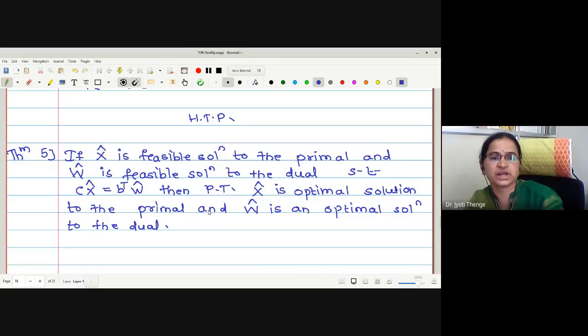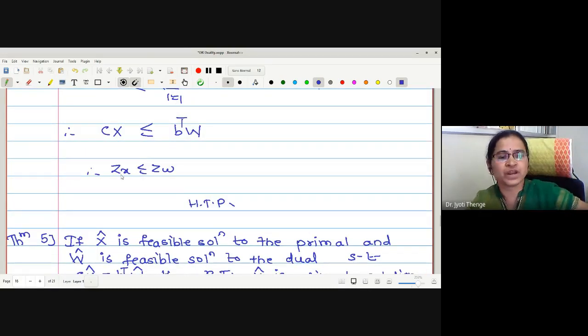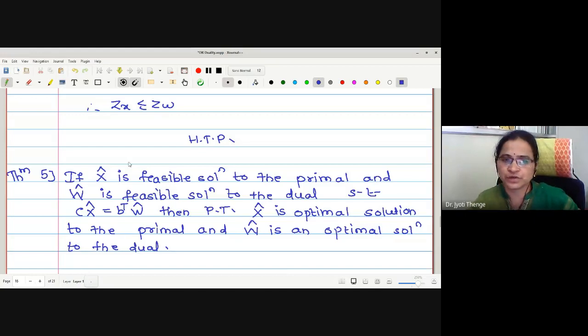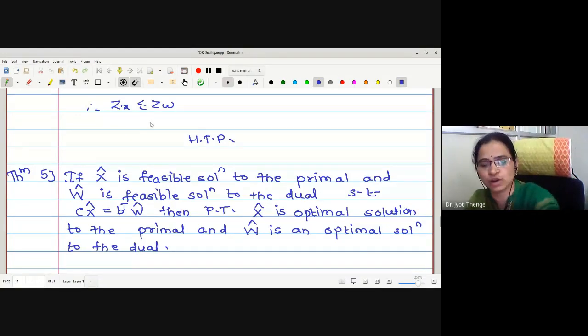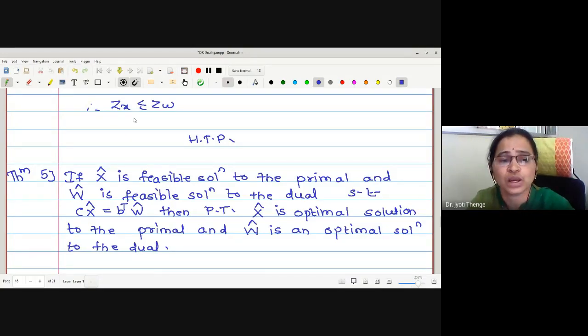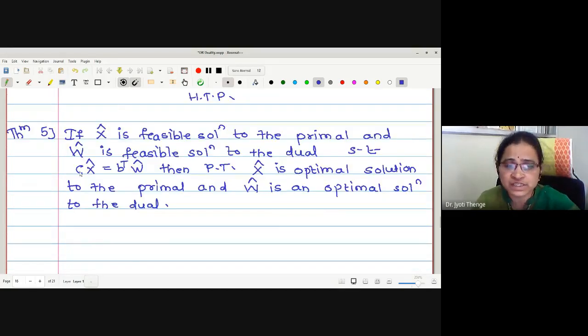Try to understand. The previous theorem tells us that for any feasible solution, this relation holds: Zx is less than or equal to Zw. That is, the value of the objective function of the primal is less than or equal to the value of the objective function in its dual. But if we add this condition, knowing x cap is a feasible solution to the primal and w cap is a feasible solution to the dual, that is, among all feasible solutions, x cap is one and w cap is also one, such that this condition holds.